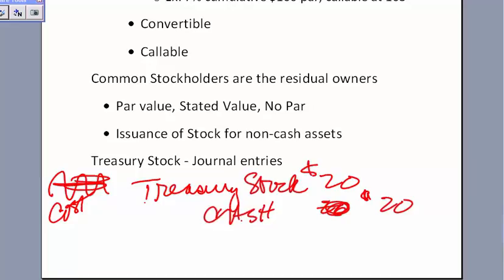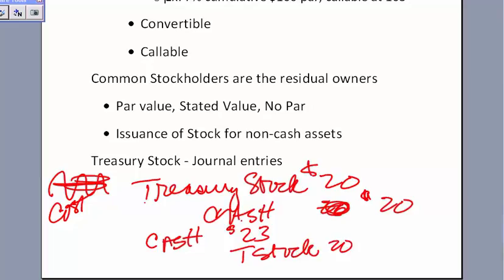Then later, if you go out and reissue these shares of stock, and let's say at the time that you reissue it, you get $23. Well, if the shares were bought at 20, then the treasury stock has to come off the books at 20. Now what you have is a PIK account, PIK treasury, that represents $3 more.